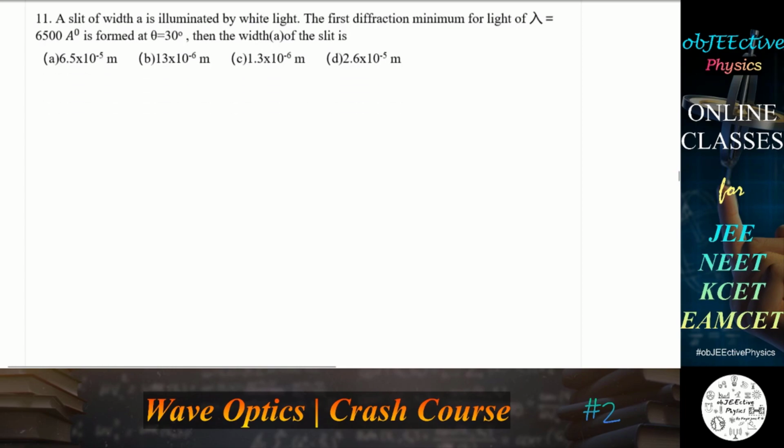Next question. A slit of width small a is illuminated by white light. The first diffraction minimum for light of lambda is equal to 6500 angstroms is formed at theta is equal to 30 degrees. Then the width A of the slit is.